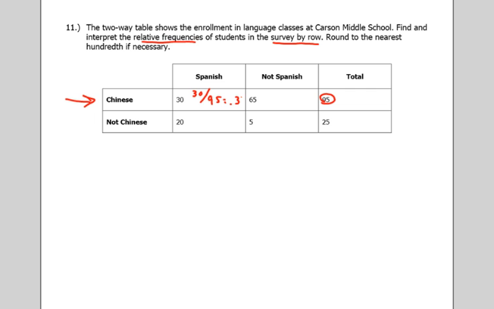Is 0.31. 65 out of 95 is 0.69, and 95 out of 95 is 1.0. So that's a row relative frequency of the survey by row. The next row, 20 out of 25 is 0.8. 5 out of 25 is 0.2. And 25 out of 25 is 1.0.